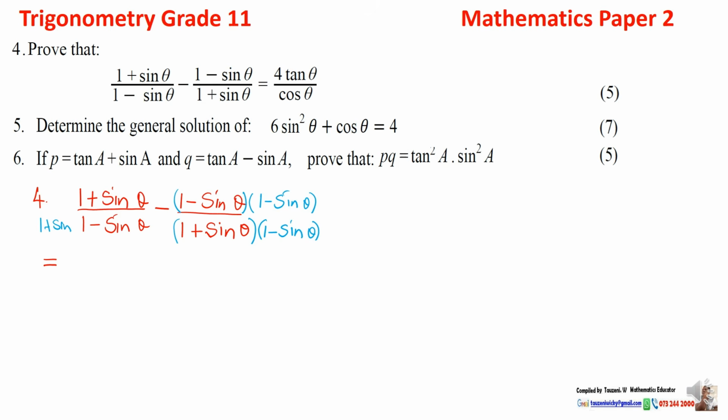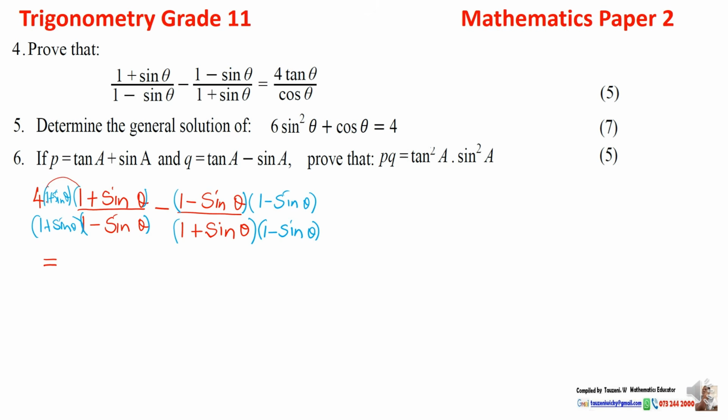Once the denominators are the same, you are now able to add the fractions. And that is what we're going to do in this question. So we're going to multiply the first fraction and the second fraction in such a way that the denominators will become the same.